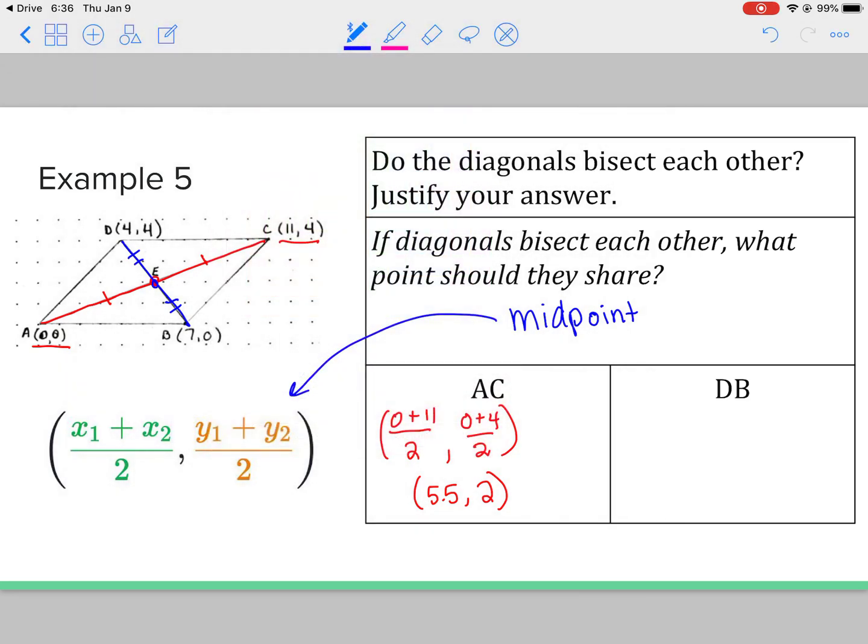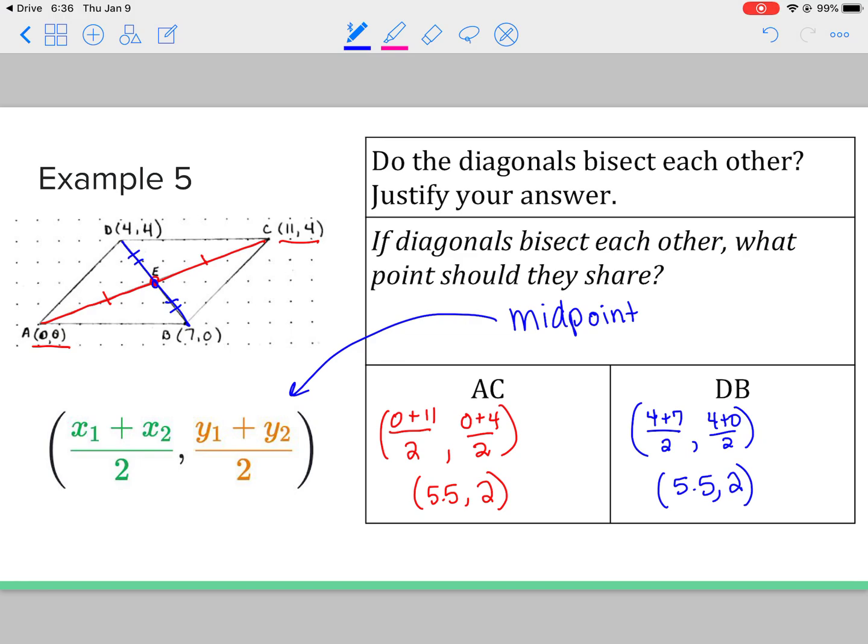We're going to do that same thing with segment DB. I take the x values 4 and 7, add those together and divide by 2. And then I take the y values 4 and 0 and divide by 2. As I simplify, I have 11 divided by 2, which is 5.5, and 4 divided by 2, which is 2.